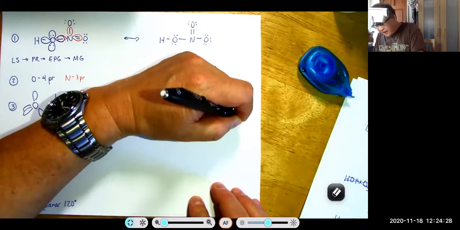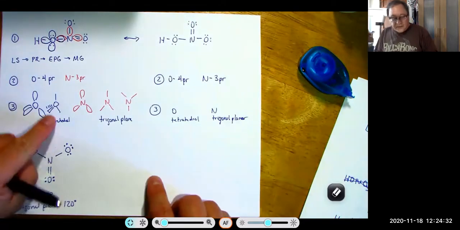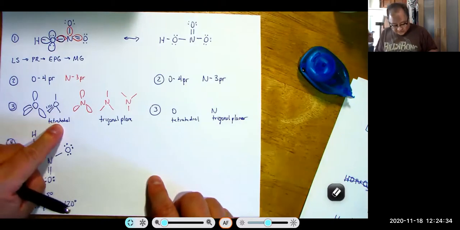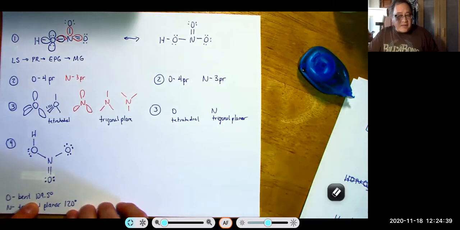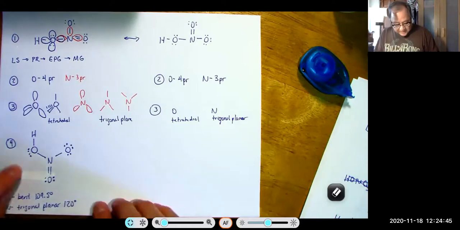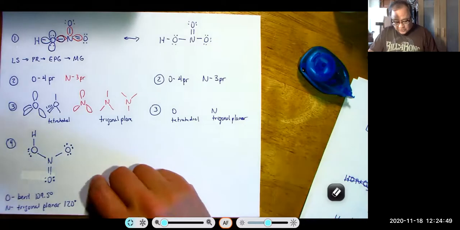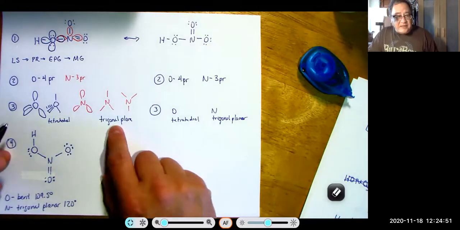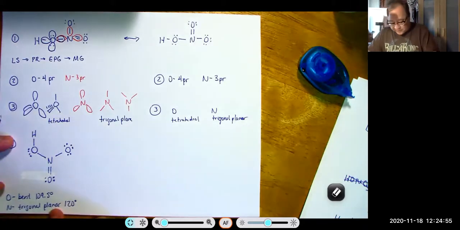So another thing I like about this molecule is you can see that the electron pair geometry for oxygen has a different name for the molecular geometry, but the molecular geometry is definitely influenced by the electron pair geometry. We don't pretend like these electrons aren't there. They are. And also you can see that sometimes the electron pair geometry has the same name as the molecular geometry.